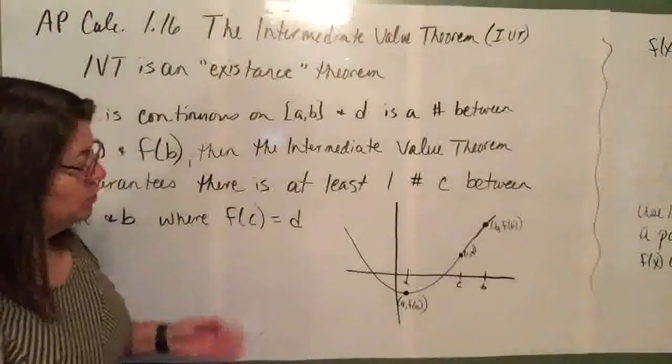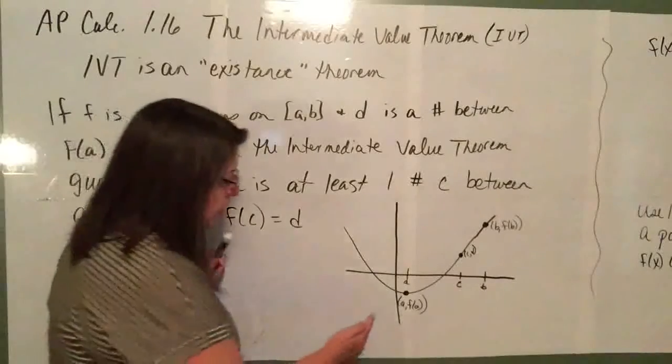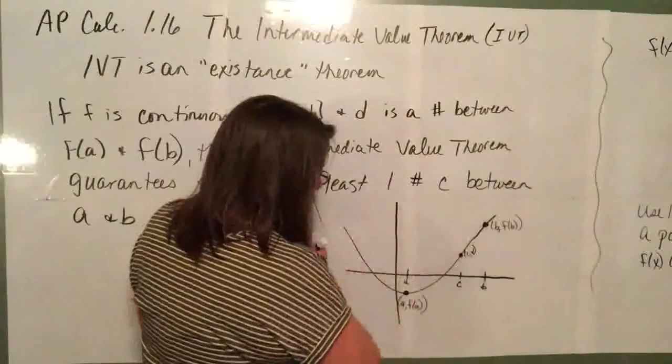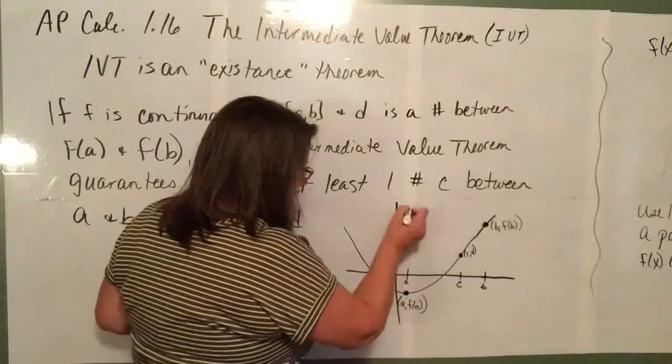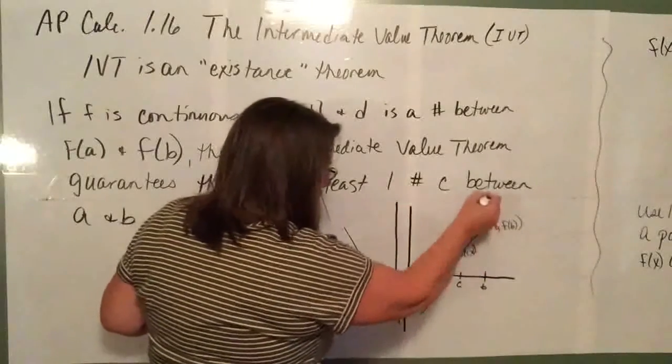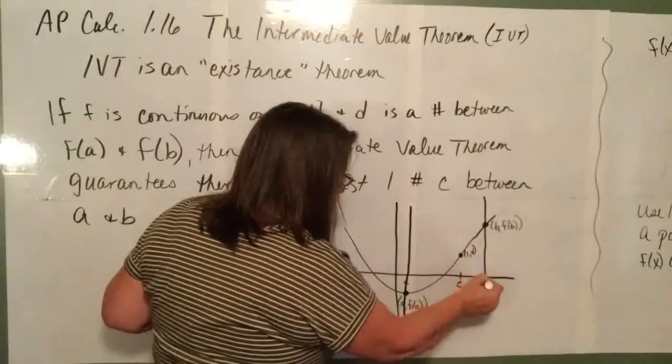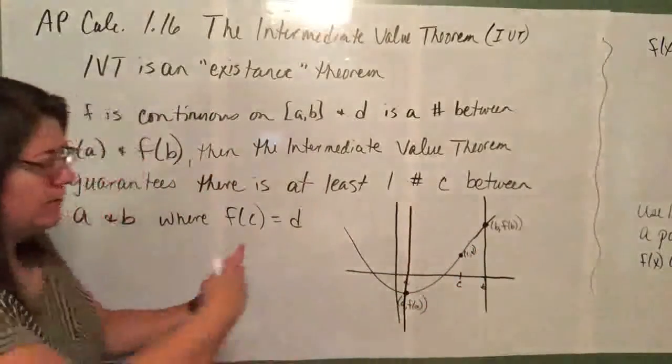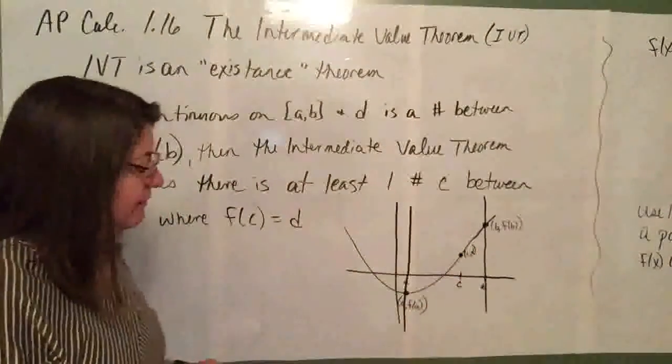So if you look here, I have a little picture that shows you what they're talking about. We're talking about this closed interval from a to b. So the portion of the graph we're talking about is just this portion right here. We're not talking about anything to the right or left of that section in the graph.